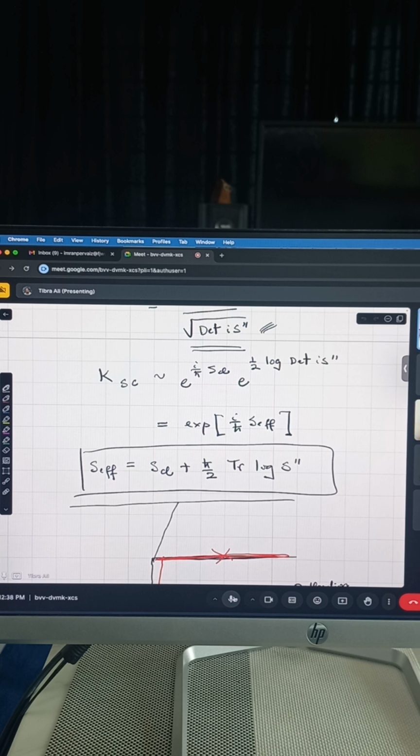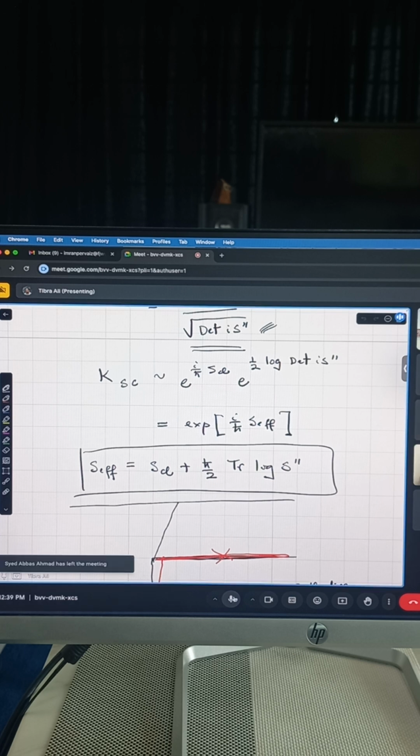And Tibra, when you say leading order expansion, can you explain what's special about it? The word leading order is used interchangeably with semi-classical. Leading means that it's the first order corrections in powers of h bar to the classical computation.